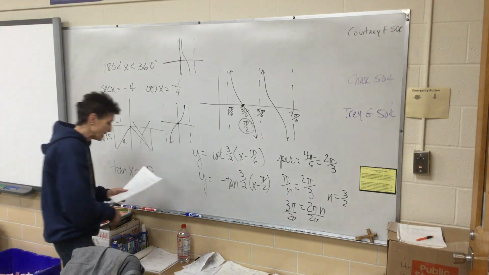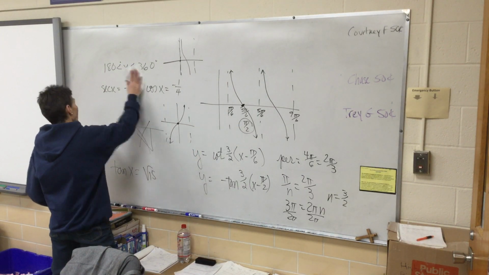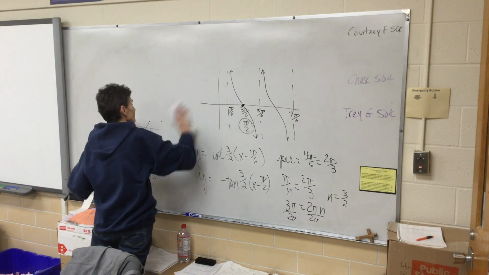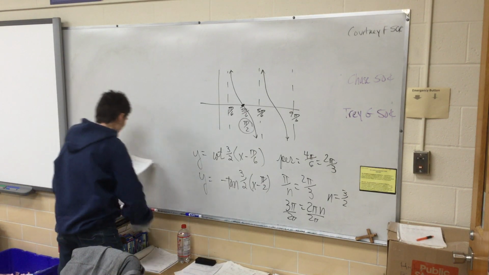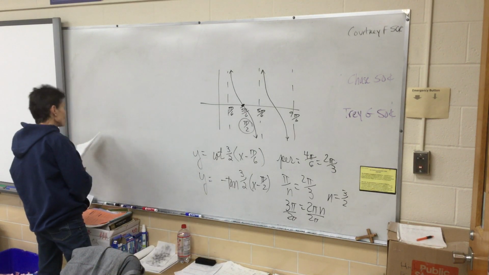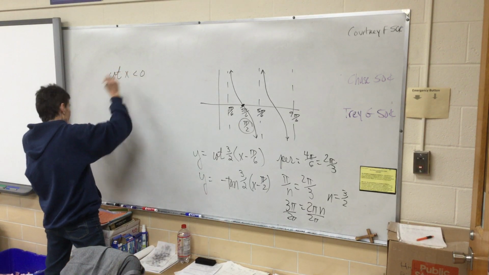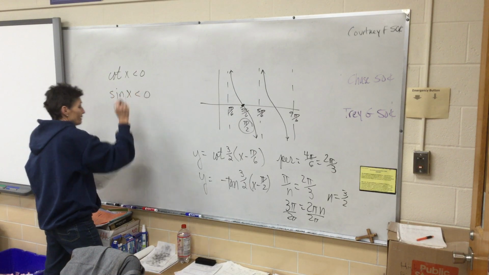All right, 13, an angle in standard position. In which quadrant is it? So you're going to draw an angle in standard position. Where are you going to draw it so that the cotangent is negative and the sine is also negative?